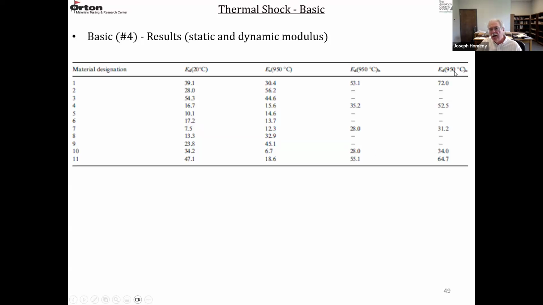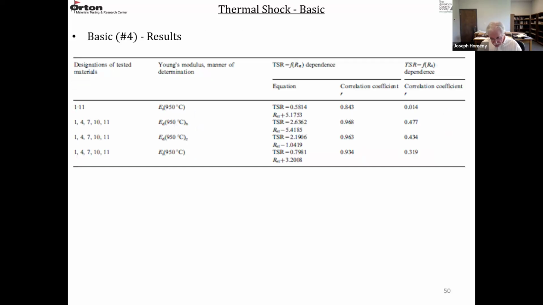And this is E dynamic cooling at 950 degrees C. What you can compare here is static versus dynamic, whether it's heating or cooling. You can see the static modulus is quite a bit less in any of these cases than the dynamic modulus. And that's just to be expected.